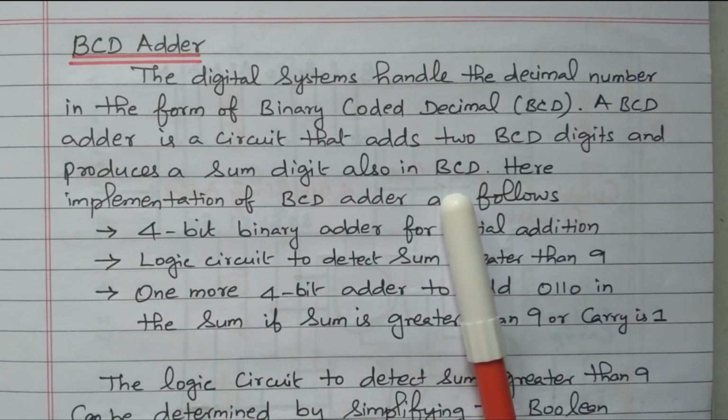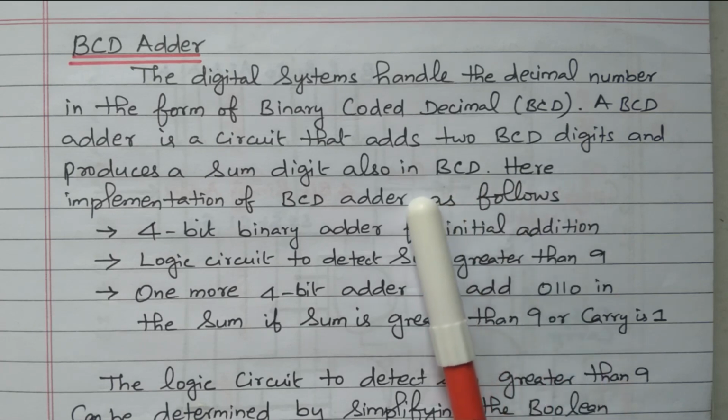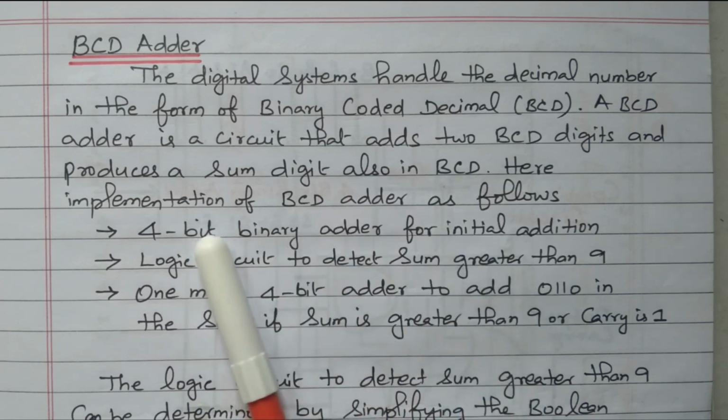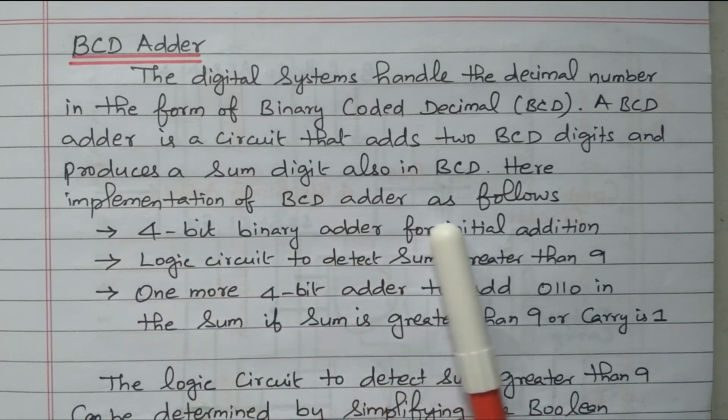Right? So BCD adder means it will add 2 BCD numbers. The decimal number is converted into 4 digits. So 2 4-digit numbers are added by the BCD adder and the output is also a 4-digit BCD.